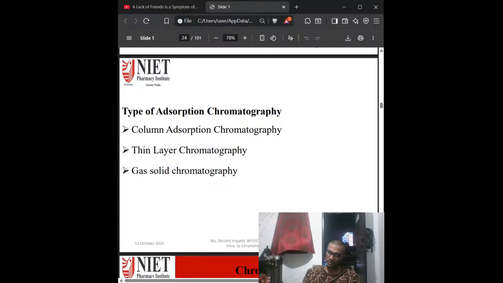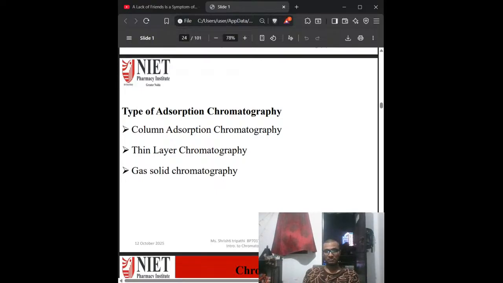And its types are column chromatography, thin layer chromatography, and gas solid chromatography.